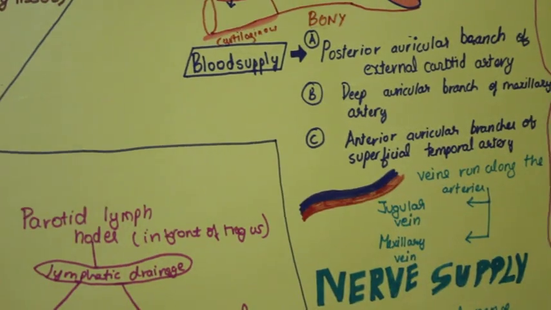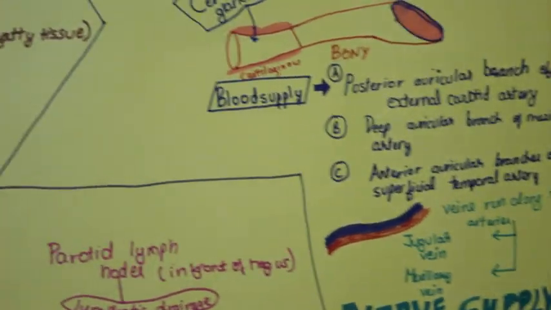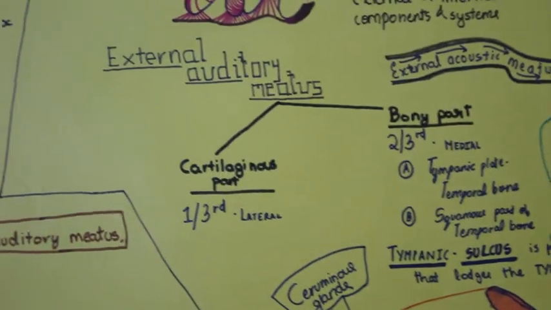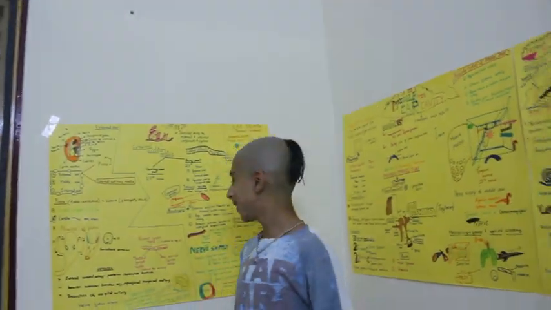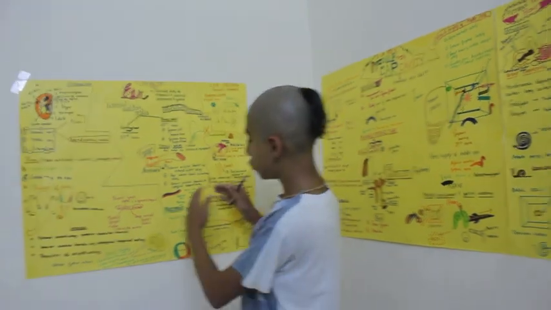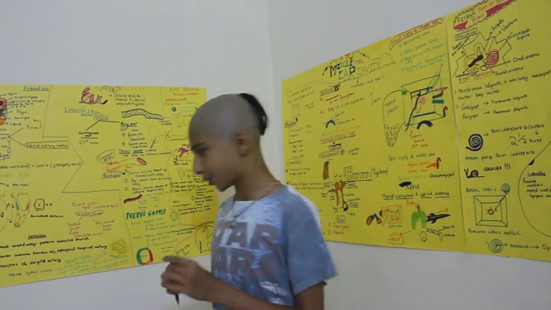The anterior auricular branches of the superficial temporal artery also supply it. So we know about the temporal artery, and the veins run along the arteries as usual. Where the arteries run, the veins run just beside them. And we have the jugular vein and the maxillary vein, both large veins following the arteries.